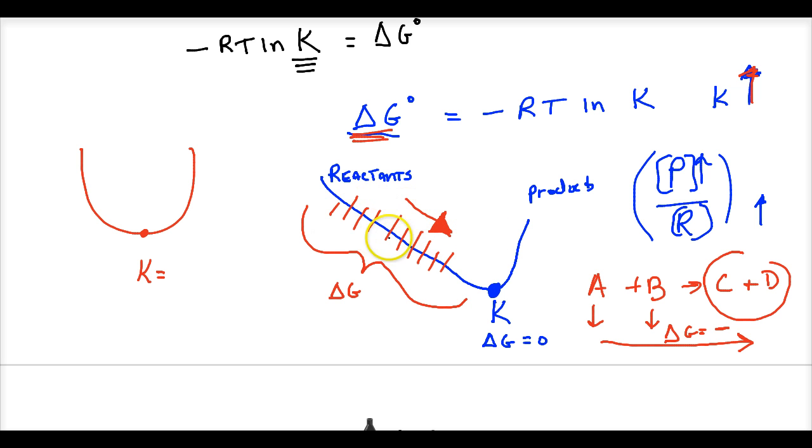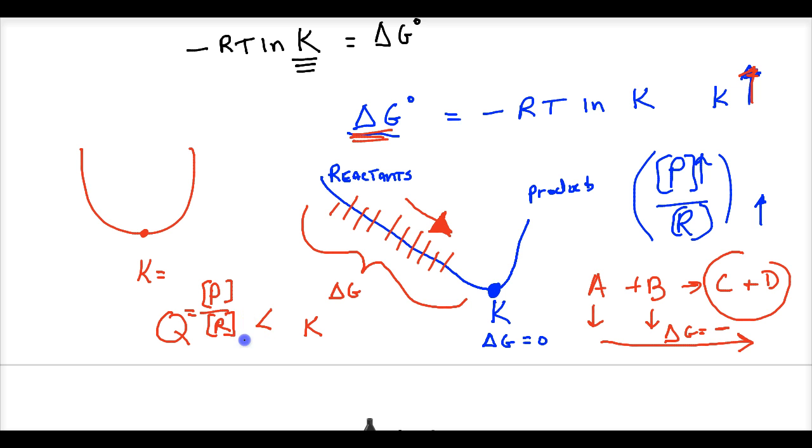So if you don't have enough reactants, and we would say in this case the Q, which is the products over the reactants, the concentrations to the stoichiometric coefficients, if the Q is smaller than the K, what does that mean? There's not enough products. This reaction goes tremendously in the forward direction.